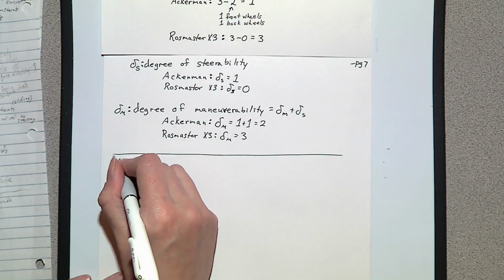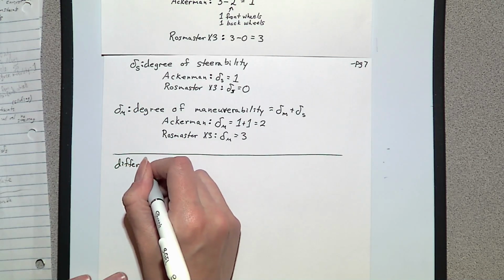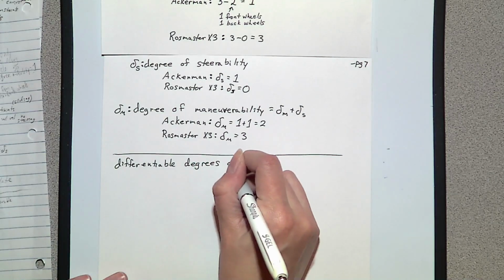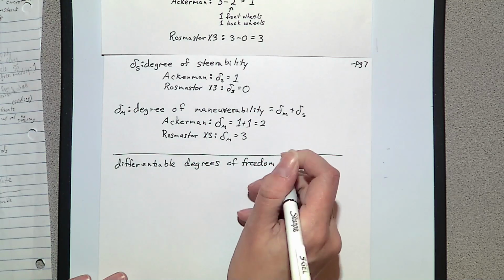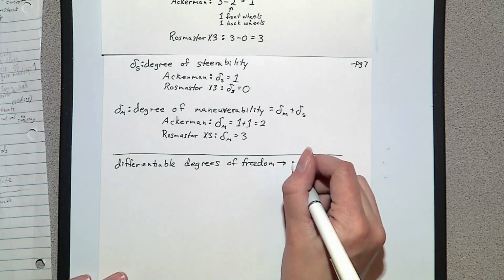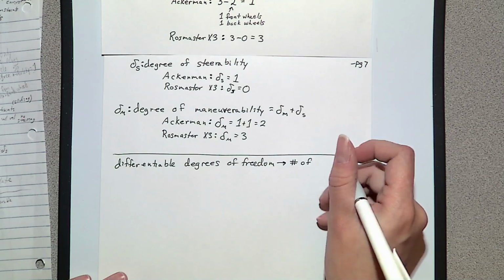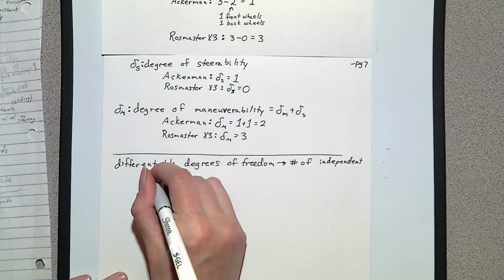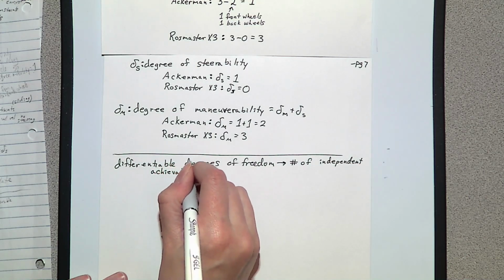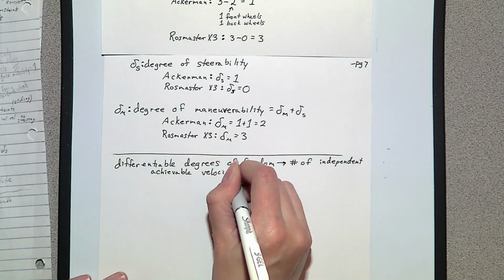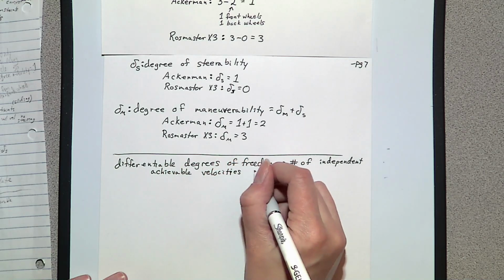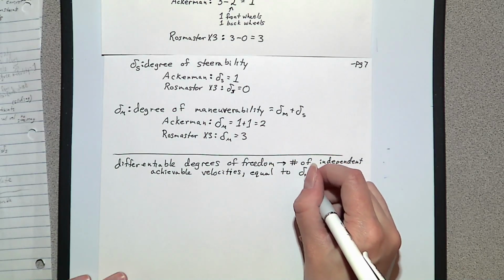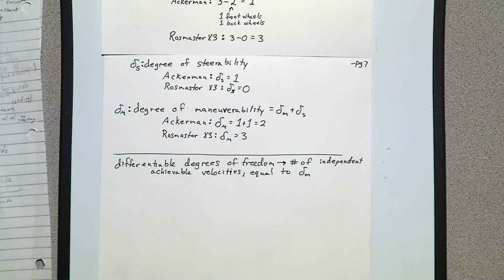And some other terminology that section of the book goes over is differentiable degrees of freedom. So basically this tells us the number of independent achievable velocities, and it is equal to our degree of mobility.